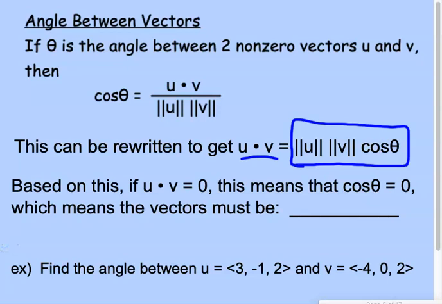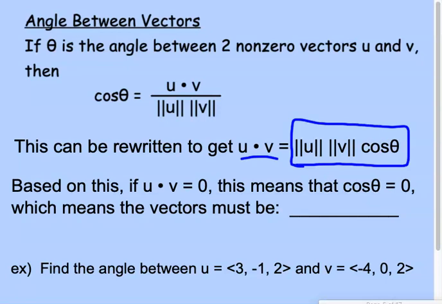Dot product helps give you the angle between two vectors, but it also has an alternate definition based on that: x1 x2 plus y1 y2, or magnitude of U times magnitude of V times cosine theta, where theta is the angle between.